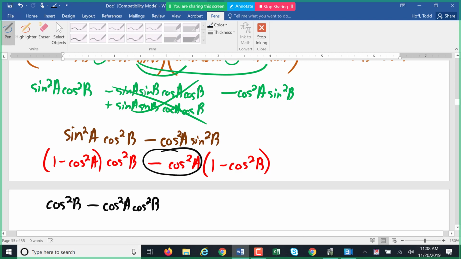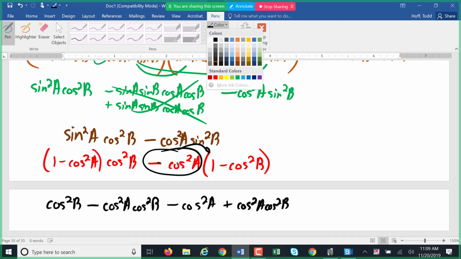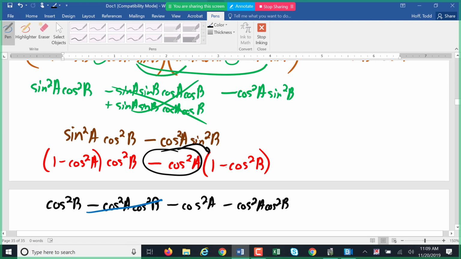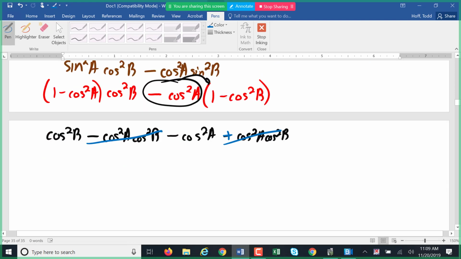Over here, I'm going to distribute the negative cosine squared of a. So that's a negative cosine squared of a. Negative times the negative makes this a positive cosine squared of a cosine squared of b. Now you'll notice we have a negative cosine squared a cosine squared b, and this is a positive cosine squared a cosine squared b. Those cancel out, leaving us with just cosine squared b minus cosine squared of a, which was what we had on the other side.